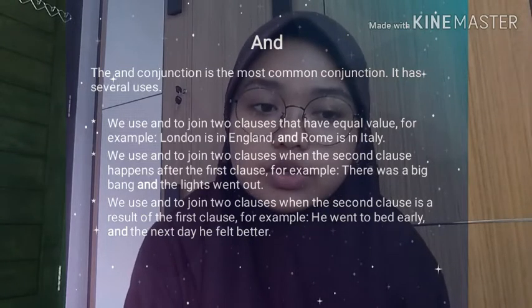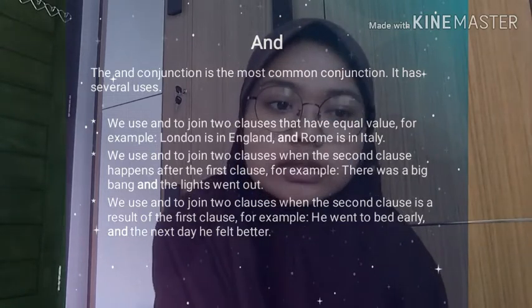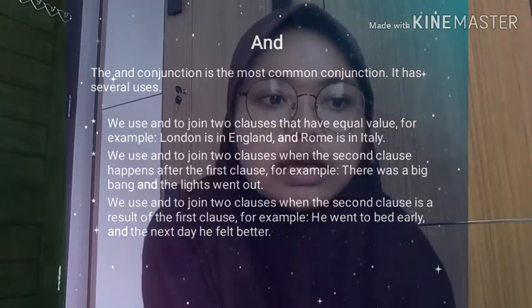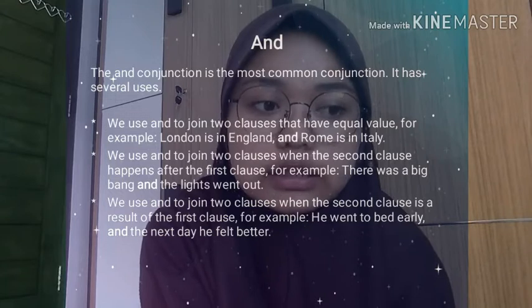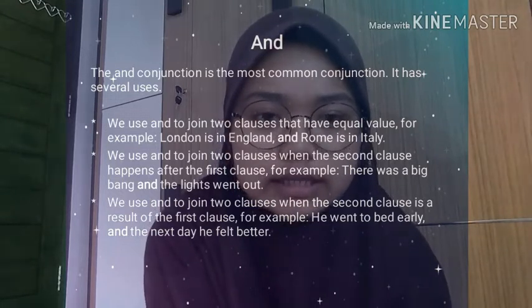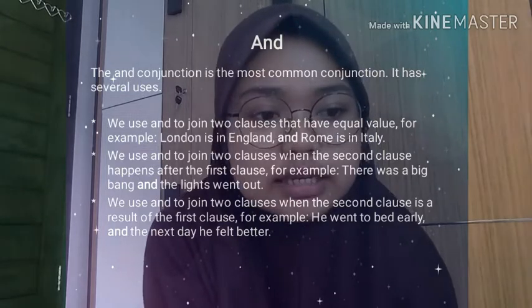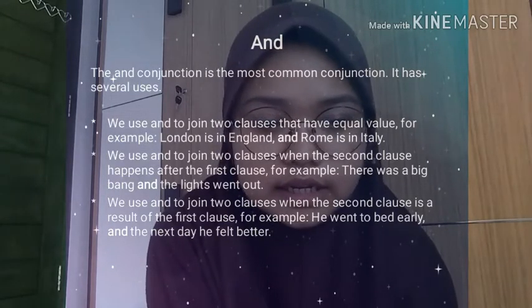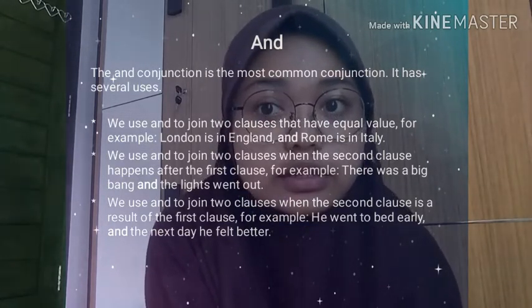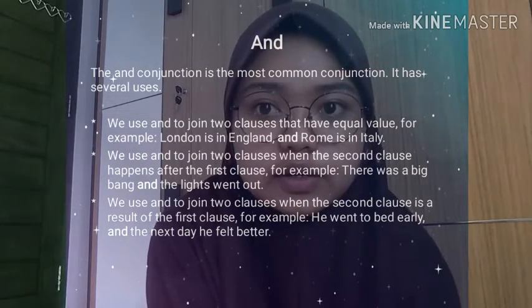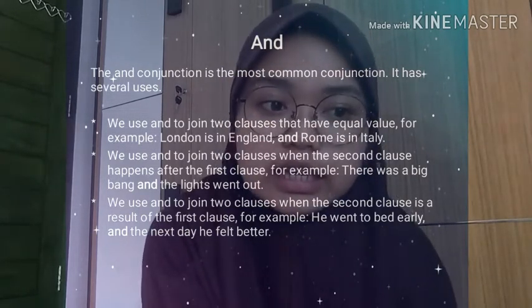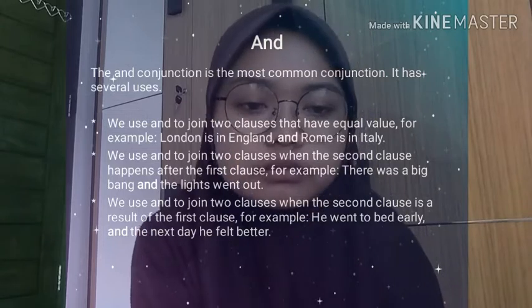And then we use and to join two clauses when the second clause is a result of the first clause. For example, he went to bed early and the next day he felt better. Yesterday he went to bed early, so the next day he felt better.